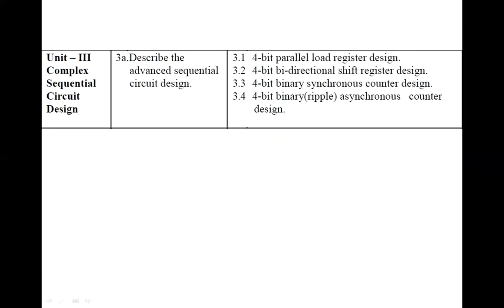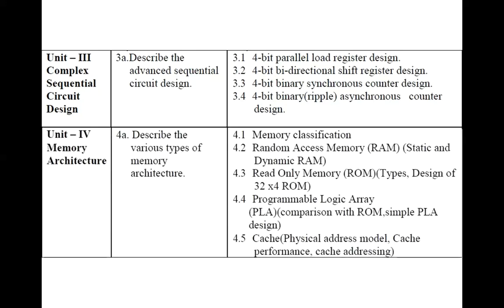Unit 3 is complex sequential circuit design. So after learning Unit 2, that is basic sequential circuit design, some complex circuits are to be designed. The design of advanced sequential circuits like registers and counters is included in this chapter. Unit 4 is memory architecture, and that deals with the different types of memory and their architectures.